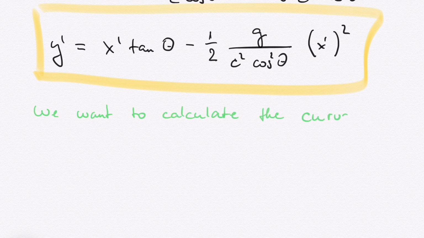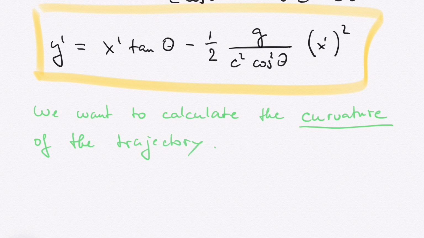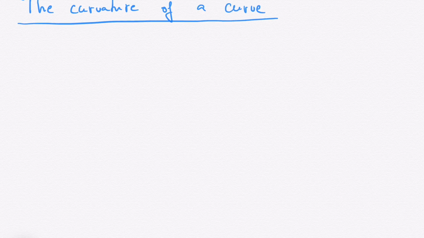Now we want to calculate the curvature of this trajectory, and before that we need to know what the curvature is. We define the curvature with the help of a circle. Let's draw a circle.